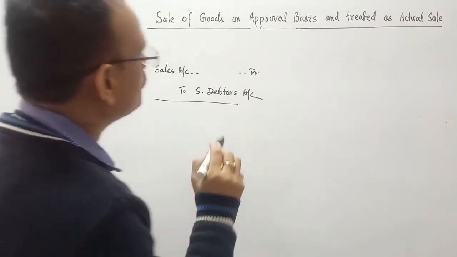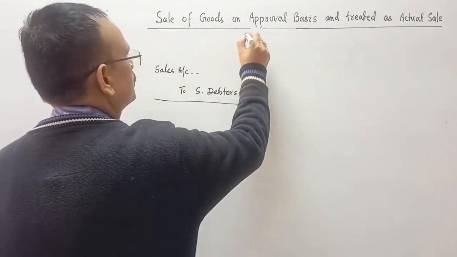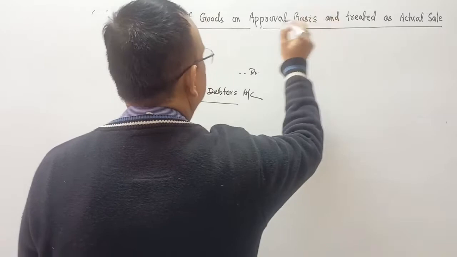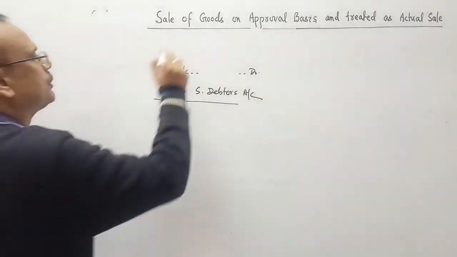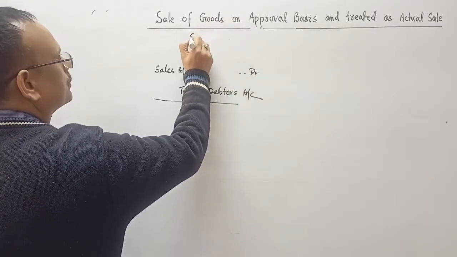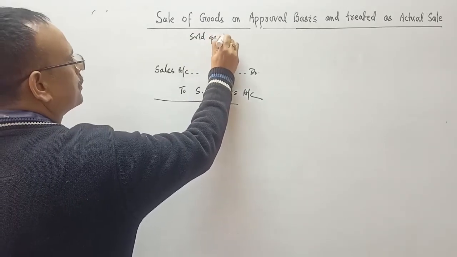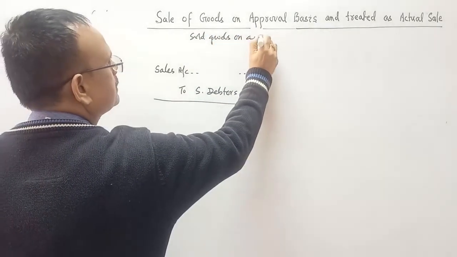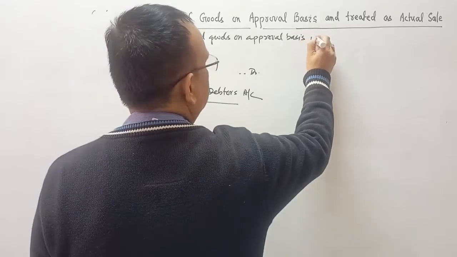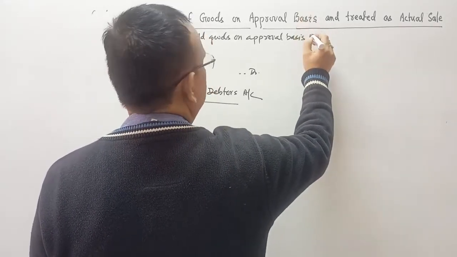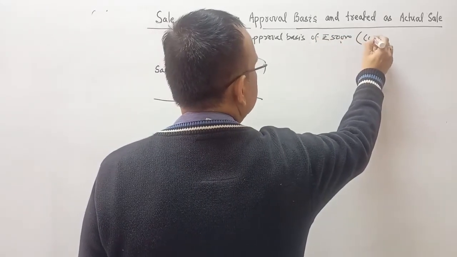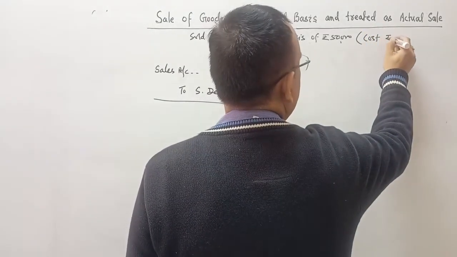Suppose sale of goods on approval basis is of rupees 50,000.